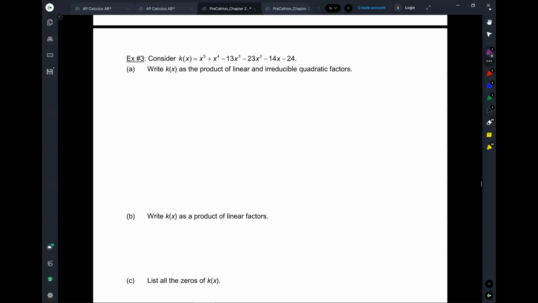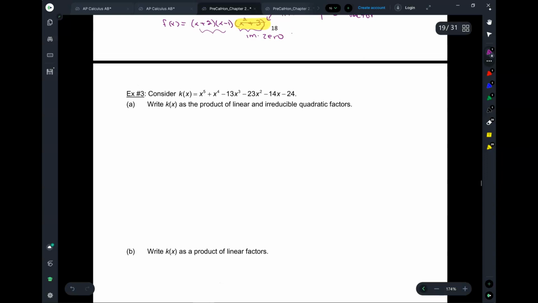All right, so take a look at this one. This is a mega function, right? We're going to factor this function right now. We're going to use our P over Q to guide us. So what's P here? P is all of the factors of this number, 24. So it's plus or minus 1, 2, 3, 4, 6, 8, 12, 24, since 4 times 6 is 24, 3 times 8, 2 times 12, 1 times 24.